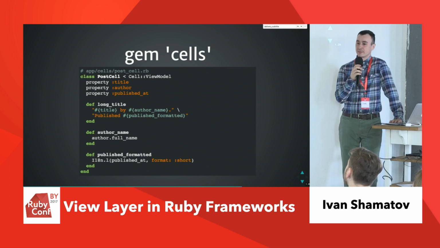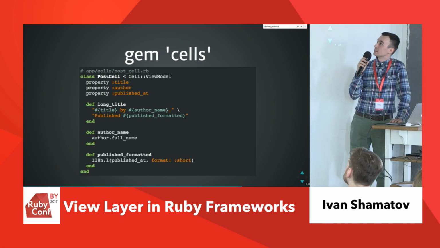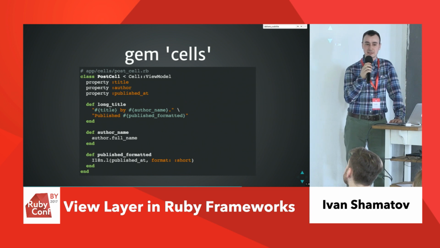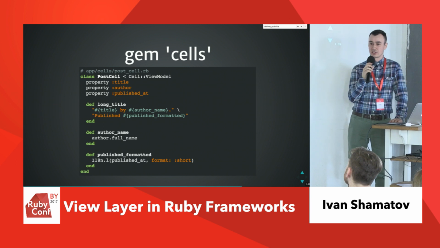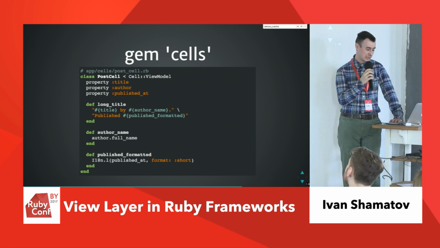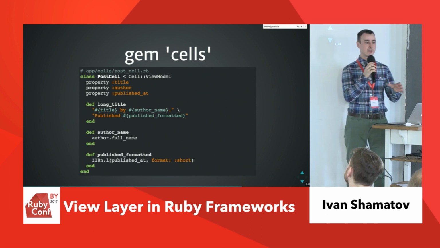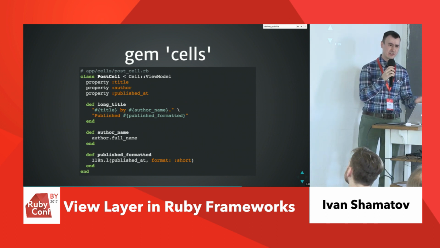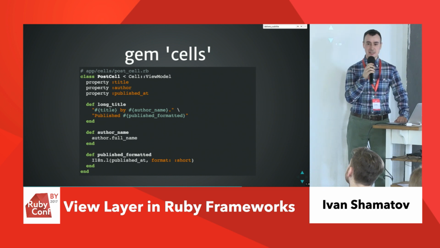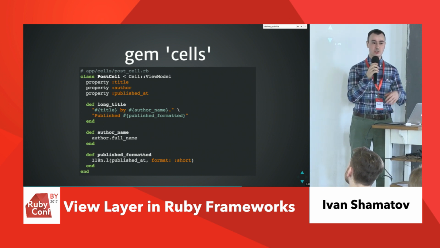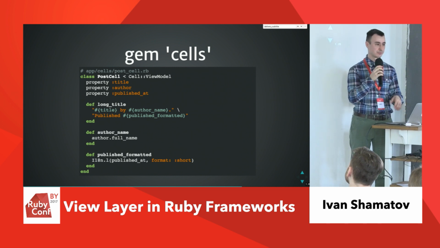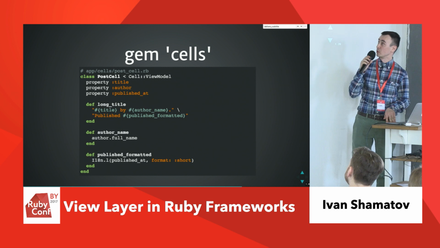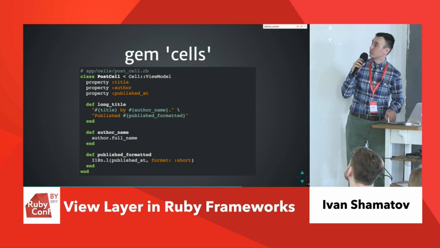On the other side, have you ever heard about Cells? Yeah, okay. So Cells is a great product from Trailblazer, and it does not wrap an object. Well, it actually wraps an object, but it doesn't delegate all the methods to your attributes. It gives a property interface to communicate with the properties of an object.